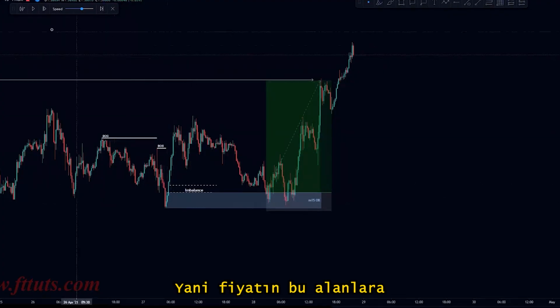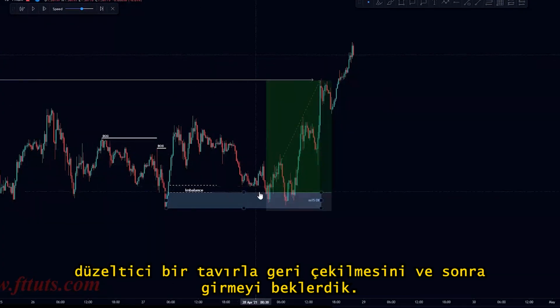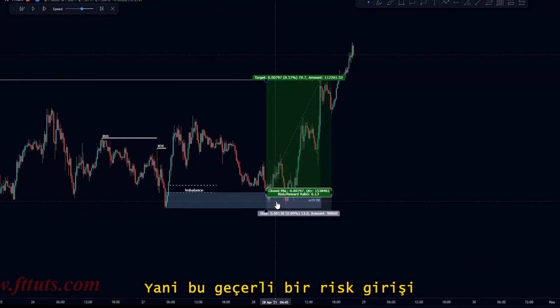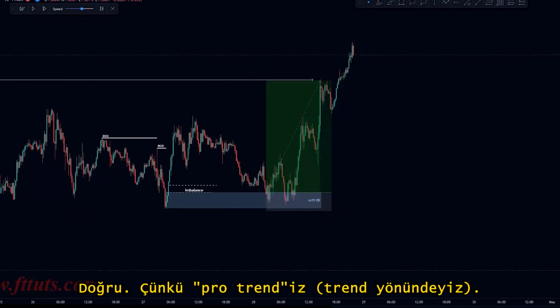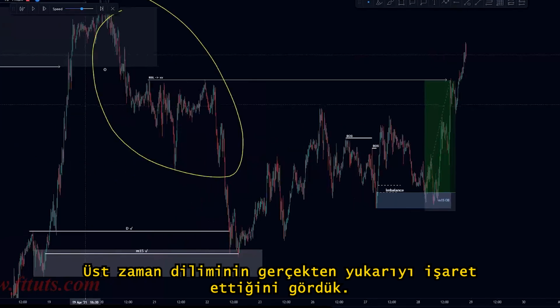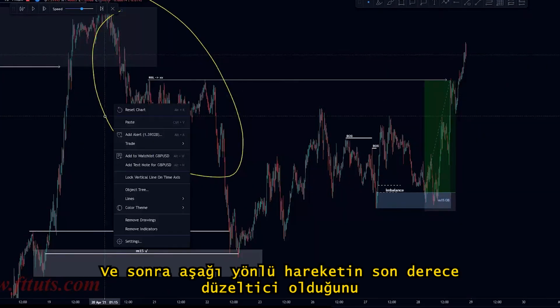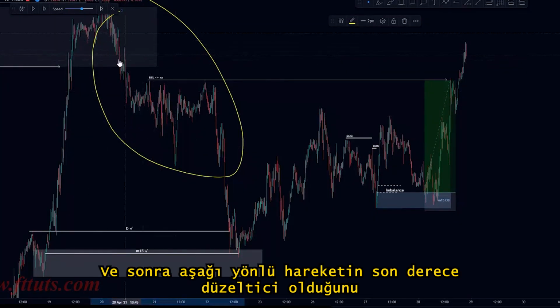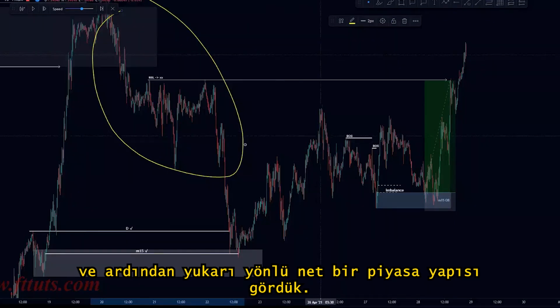So we would be expecting price to gravitate back to these areas in a corrective manner and then enter. So this would have been a valid risk entry type, because we are pro trend. We saw the higher time frame really pointing to the upside, and then the move to the downside being extremely corrective, and then seeing clear market structure to the upside.